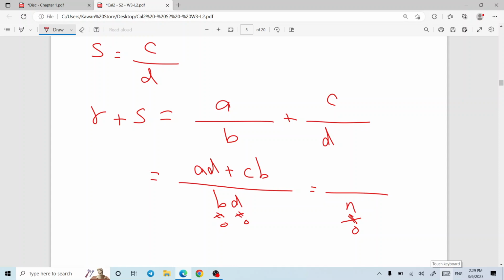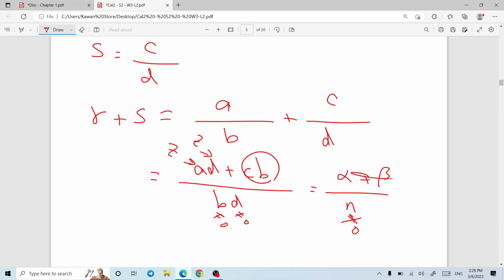Good. A belongs to Z, and D also belongs to Z. How about the multiplication of two integer numbers? It gives an integer, yes, of course. Let us say alpha. How about that one? Beta. How about the addition of two integers? Integer, right?